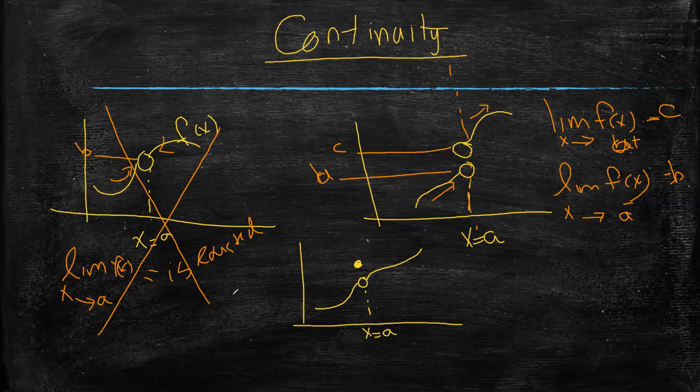Is the limit here existing? No. So this is the second condition, where the limit does not exist, so the function is not continuous.